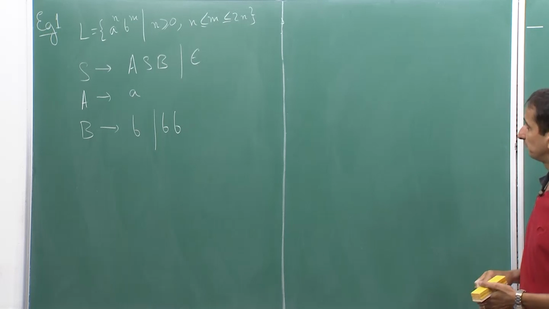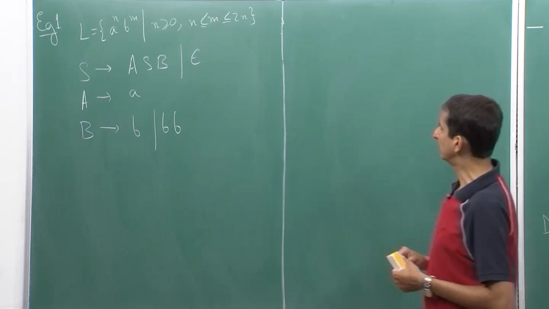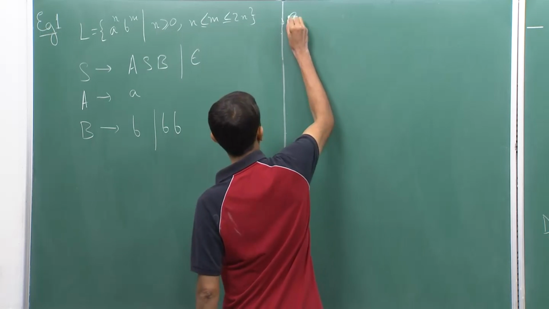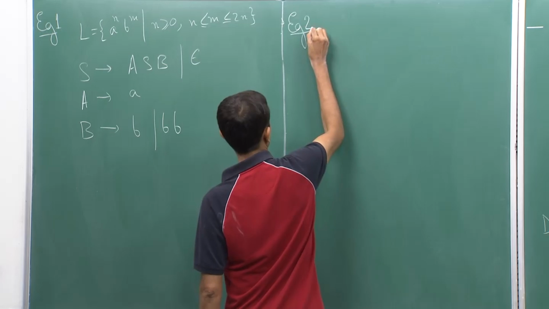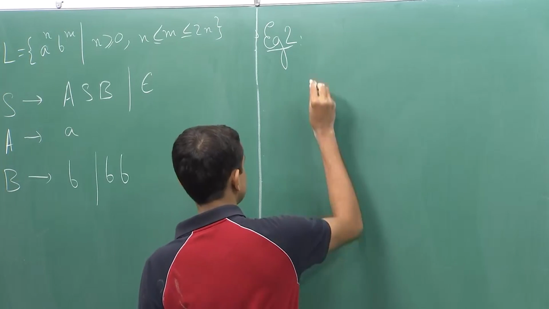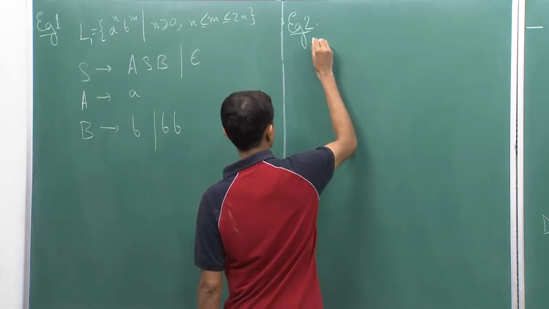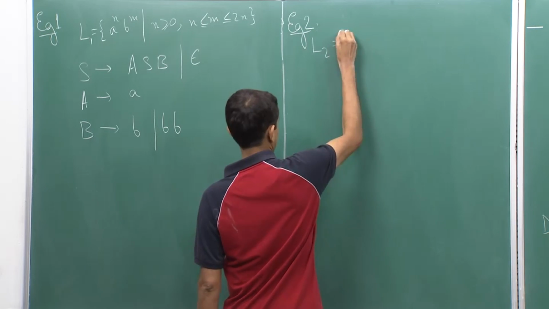Now, let us look at another example. This is an example of a non-regular language that we had proven earlier. Let us call this one L1, and we will call this L2.